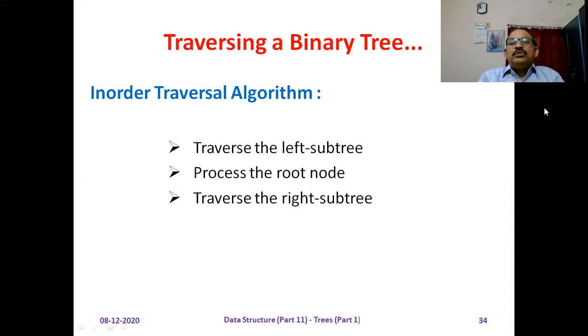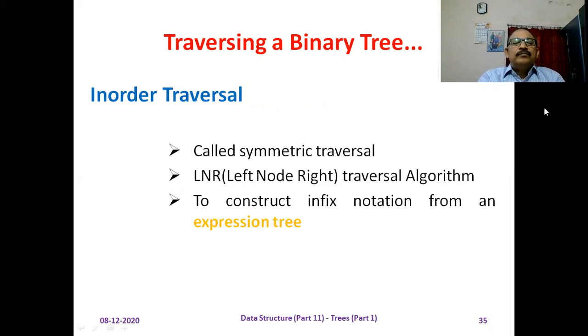It is very easy to write this algorithm in a recursive manner. In-order traversal is also called symmetrical traversal. Sometimes it is also called LNR traversal, where L means left, N means root node, and R means right.